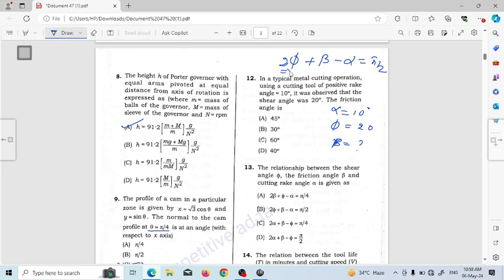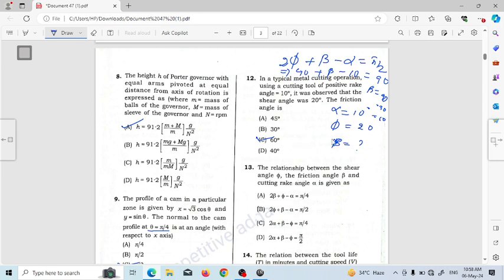So putting the value, 2 into 20 is equal to 40 plus beta we have to find, and alpha given 10, and this is 90 degree. So 40 minus 10 is equal to 30, and beta is equal to 90 minus 30 is equal to 60. So option C is the correct answer.